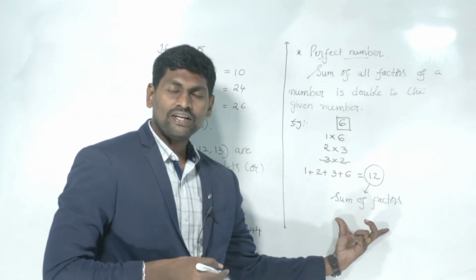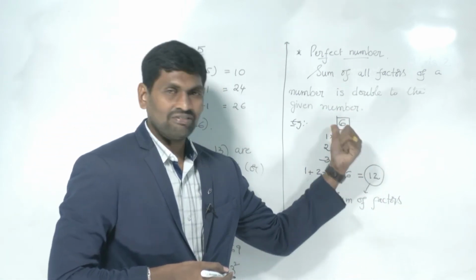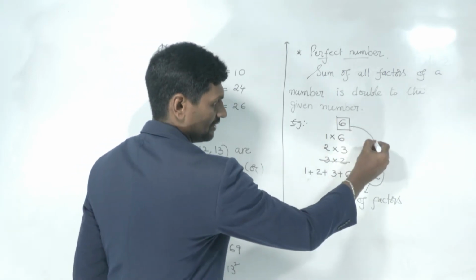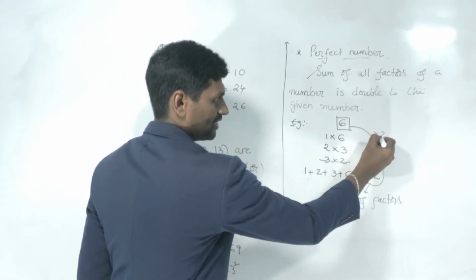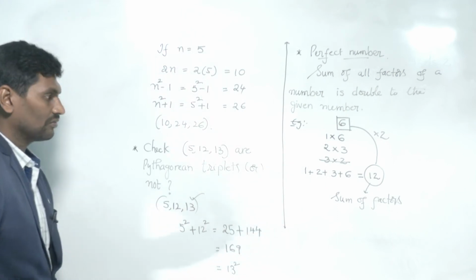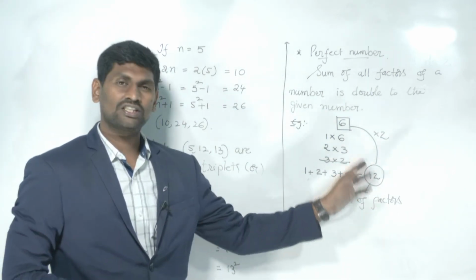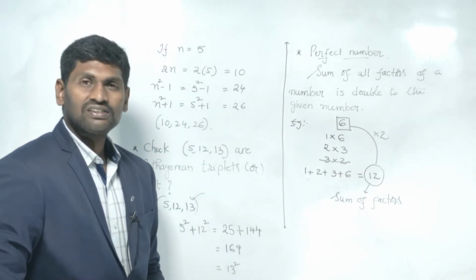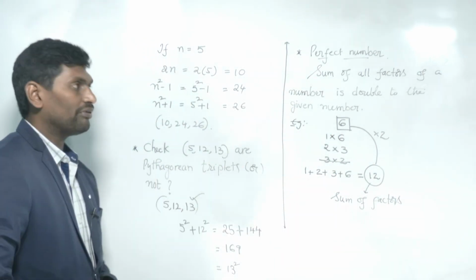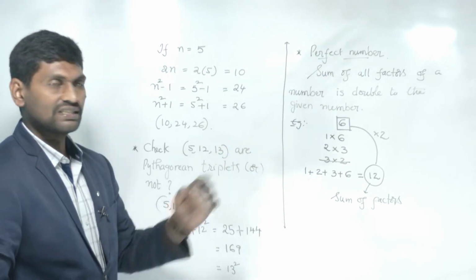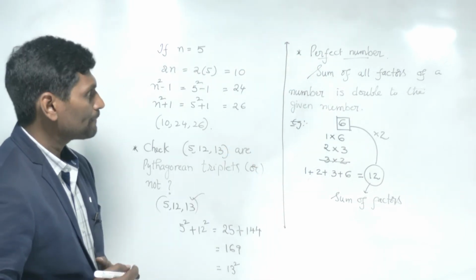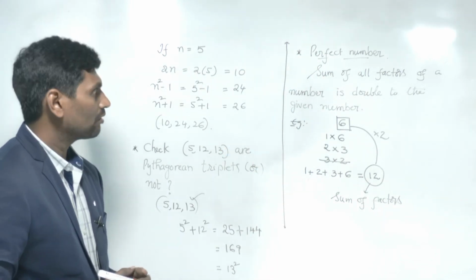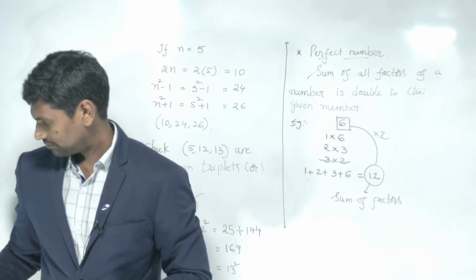Now see that the sum of factors value is 12. 12 is exactly 2 times the given number 6. So the sum of factors is twice the given number. So we can say that 6 is the perfect number. Okay?